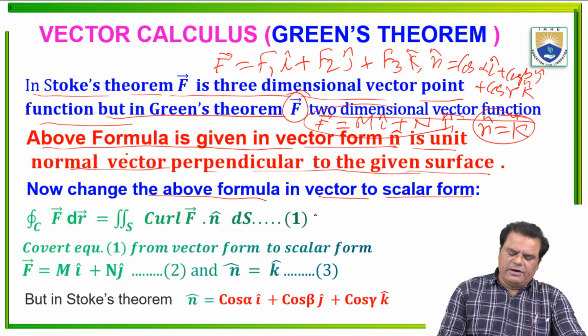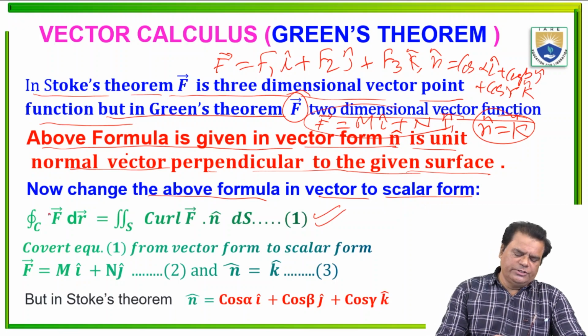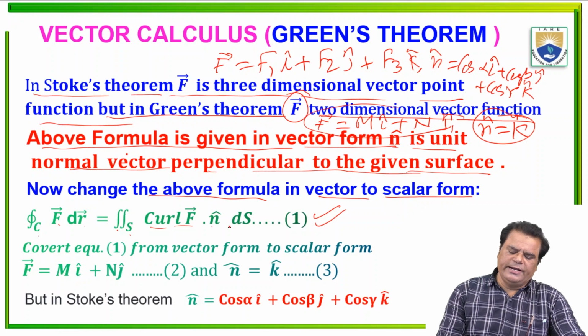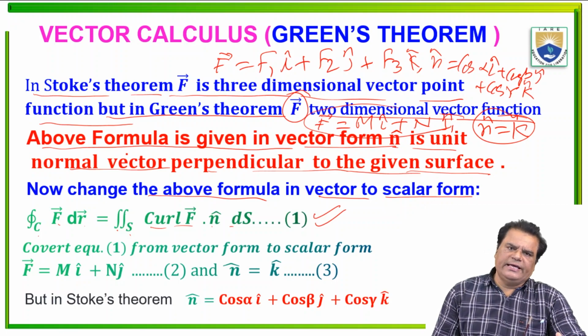So this is formula 1. This is known as the vector form formula. This is the integral under curve C, f vector dot dr vector, equal to the double integration of curl f dot n ds. But this formula is a 2-dimensional formula under the surface S.